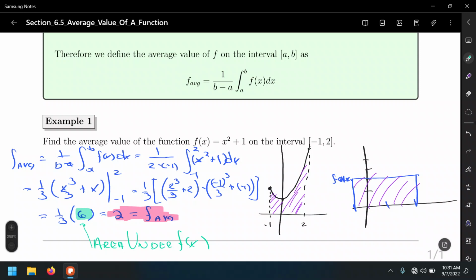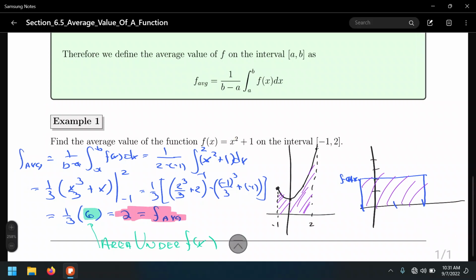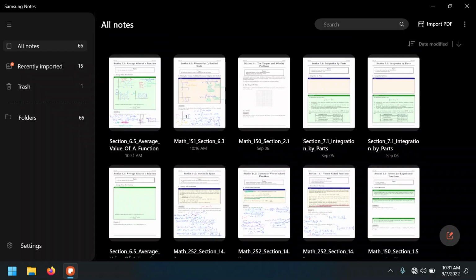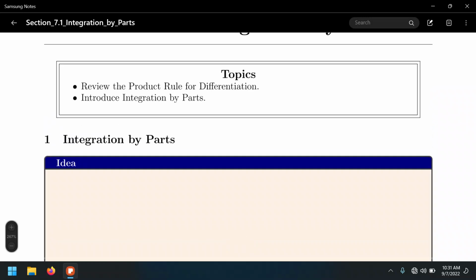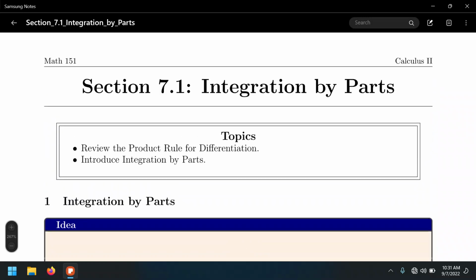All right, for the next topic we're going to move on to a new chapter, right here, and get in depth into the methods of integration.